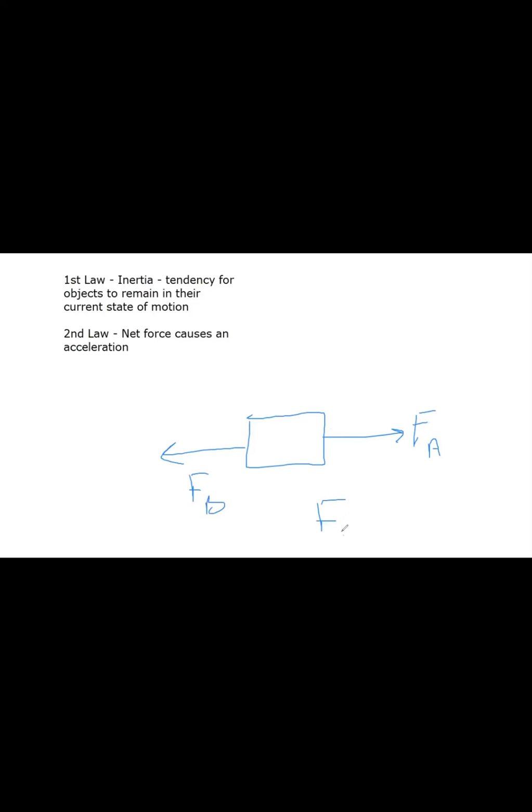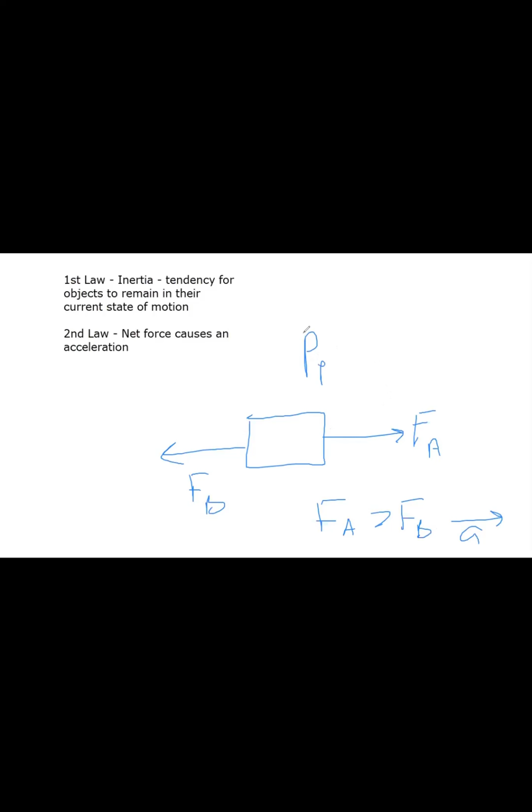And the second law: a net force causes an acceleration. So when you have multiple forces acting on an object, let's just draw it. I know my drawings are really bad, but if you have an object and you have multiple forces, FA and FB, if FA is greater than FB, the object's going to have an acceleration to the right.